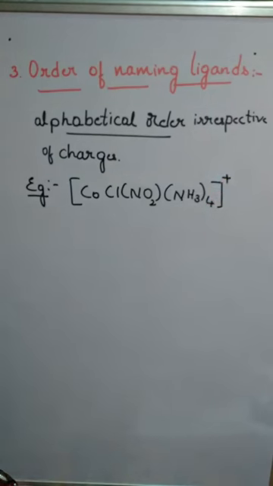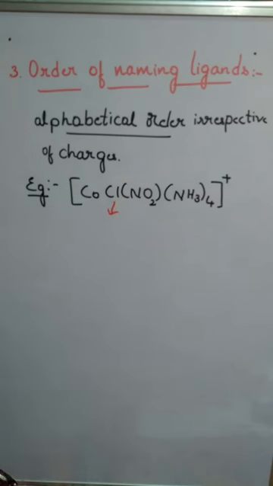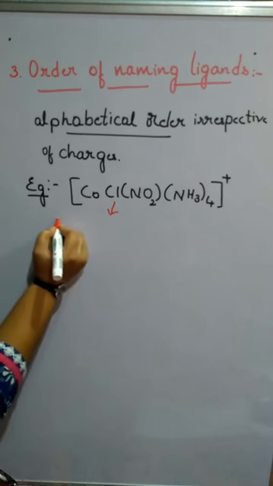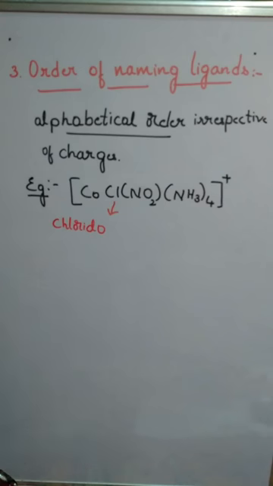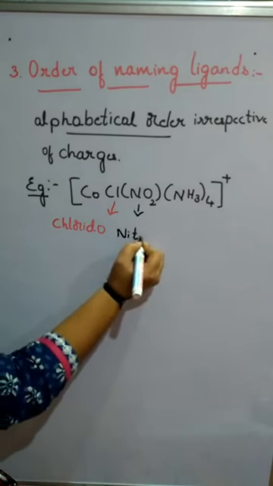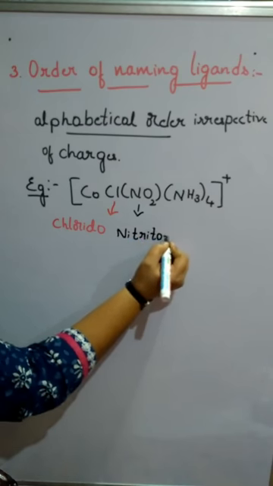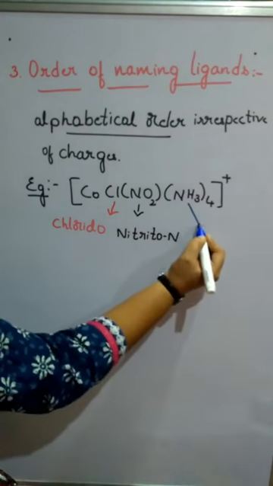Now the names of the ligands: Cl minus is chloride, but in coordination compounds we have to name that one as chlorido. And what about NO2? It is NO2 minus, so that is nothing but nitrito N.